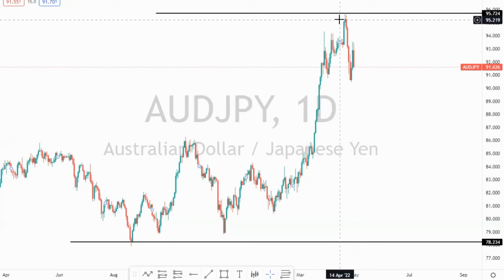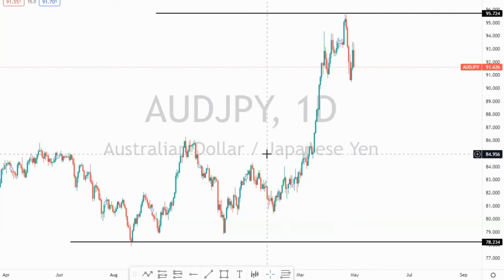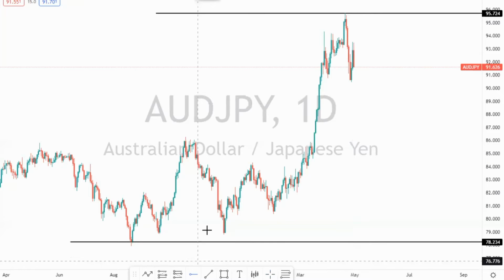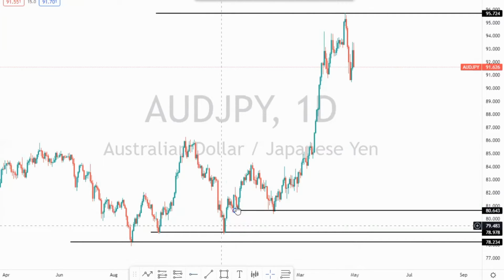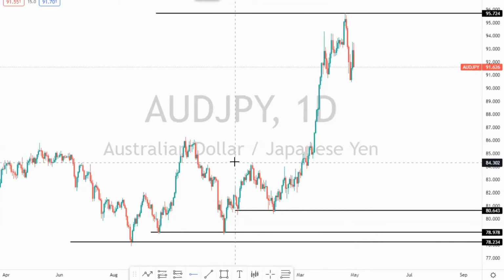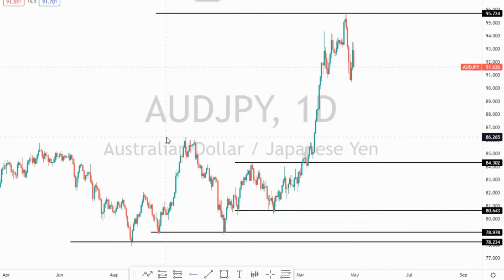After identifying my high and my low, I'm going to identify levels where the market actually rejected before. So I can see that we rejected here at the double bottom. I can also see that we rejected here. So we've been creating lows and highs, right? I can also identify this high, and I can also identify this high.